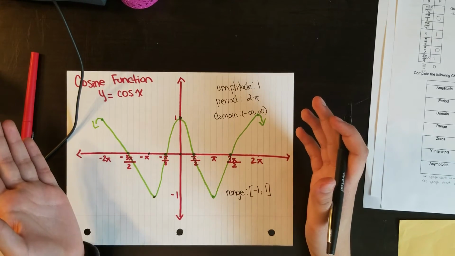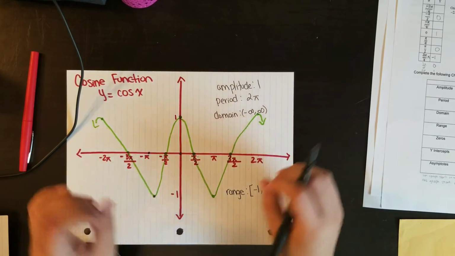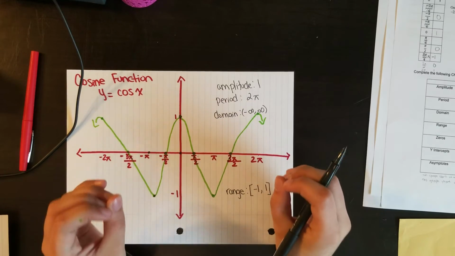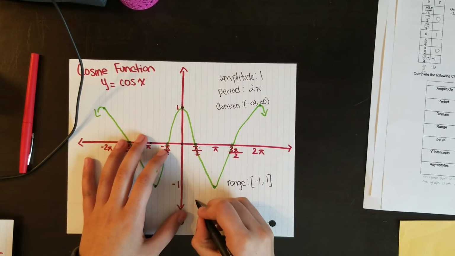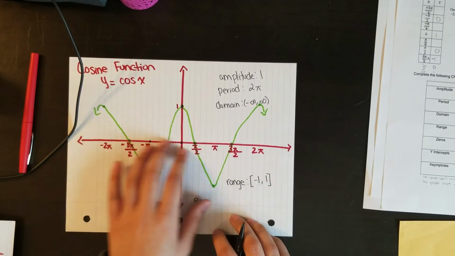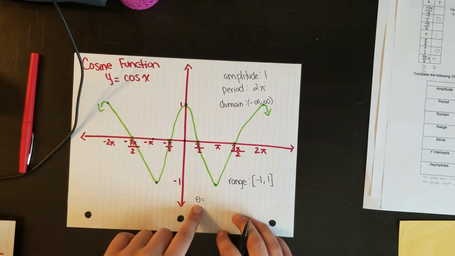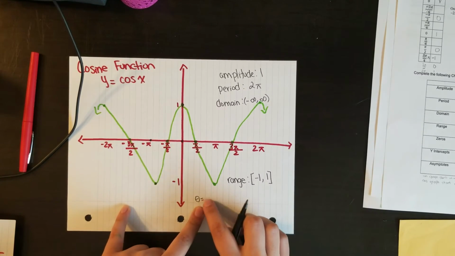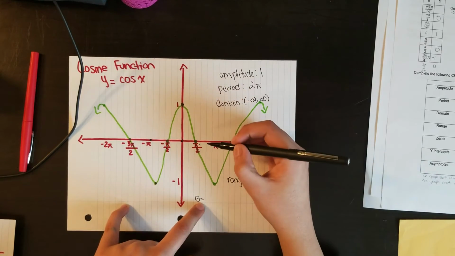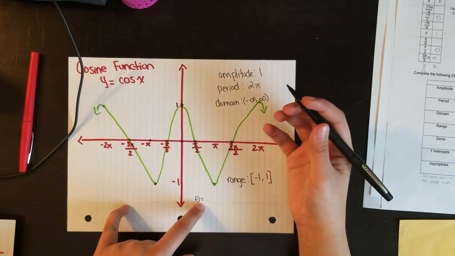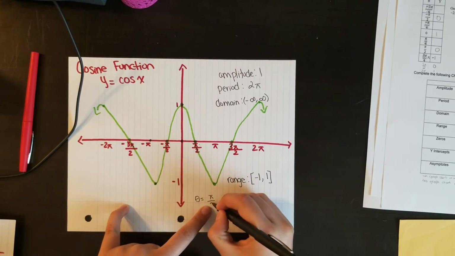So I'm going to write a general solution that's going to include all possible x-intercepts. I'm going to do this by writing theta, because my x value is dealing with theta values, so angle values. That's why I'm writing theta equals, then I'm going to write my first x-intercept. I can pick any x-intercept I want, but I'm just going to pick my first one, which is pi/2.